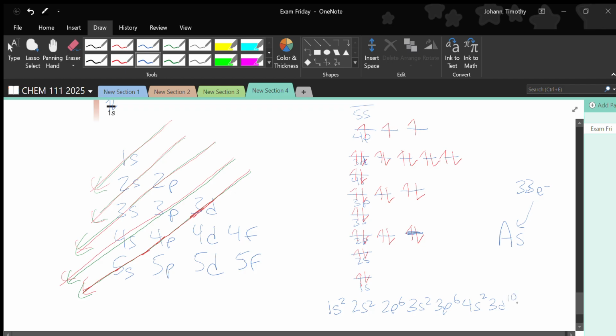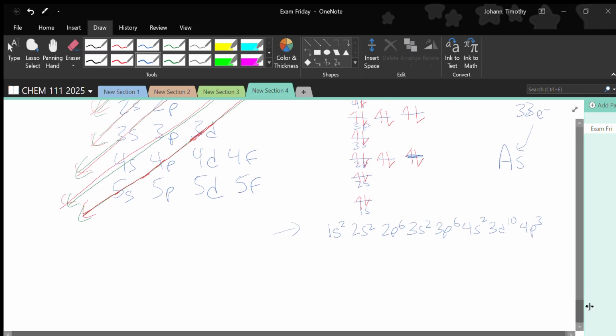I can count. And then 4p is going to be 3. This is an electron configuration diagram instead of an electron energy diagram for arsenic.